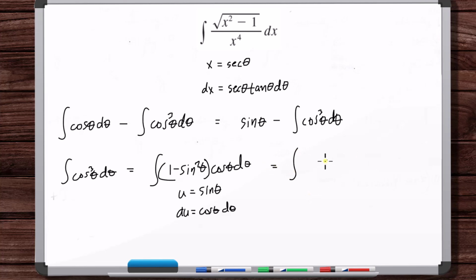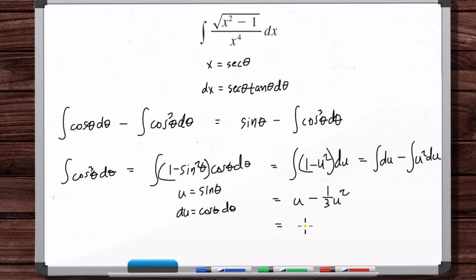And so we've got 1 minus u squared du. So u minus 1/3 u cubed, so this is sine theta minus 1/3 sine cubed theta.